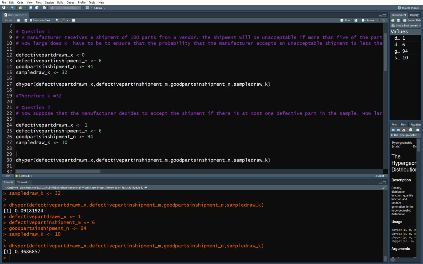The quantile, how do we find a quantile of this?